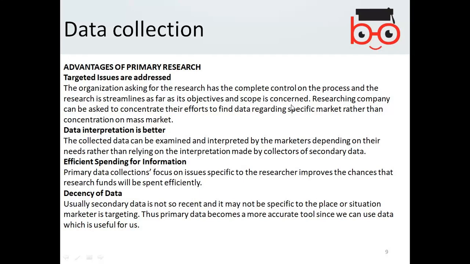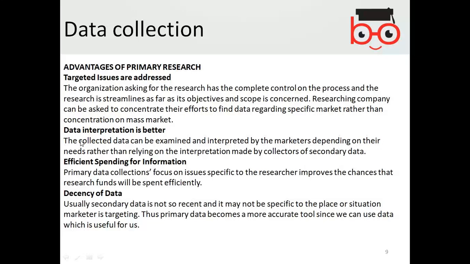So basically, whatever the target is, the organization is focusing on a particular research on a particular process. Researching companies can be asked to concentrate their efforts on finding data regarding a specific market rather than concentrating on the mass market.